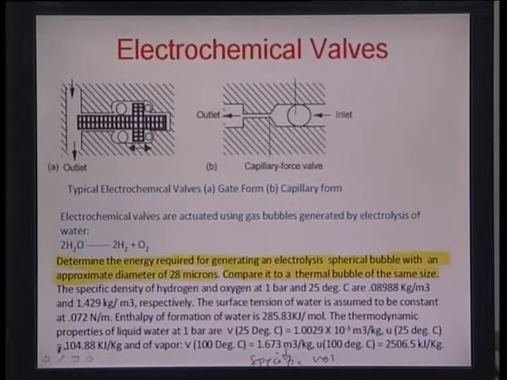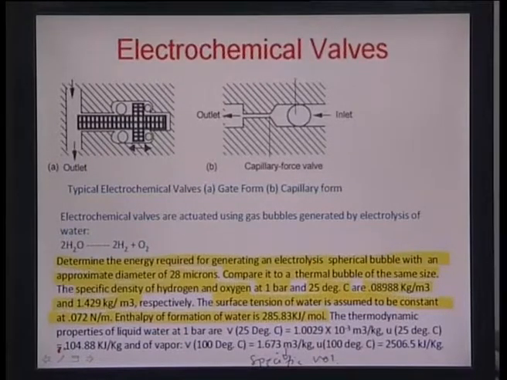of the same size. Some parameters given are the specific density of hydrogen and oxygen at 1 bar pressure and 25 degrees Celsius: 0.08988 kg per meter cube and 1.429 kg per meter cube respectively. The surface tension of water is assumed to be constant and is taken as 0.072, and the enthalpy of formation of water is about 285.83 kilojoule per mole.